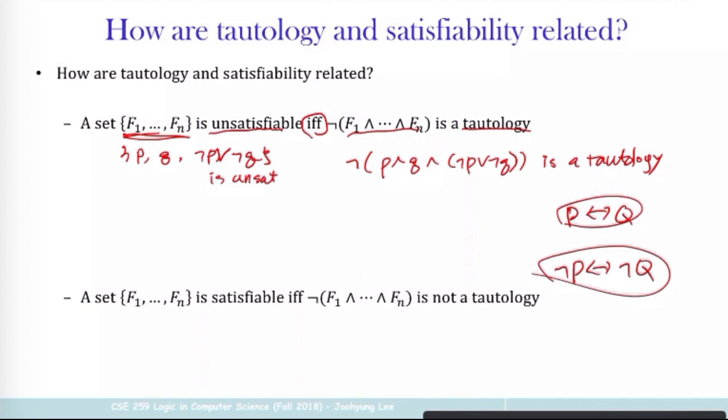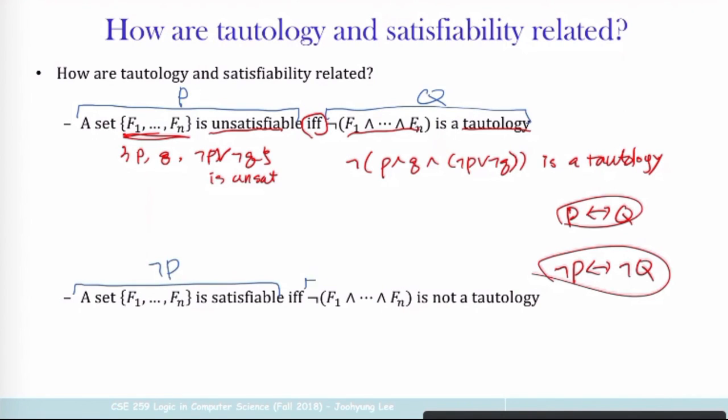If you know that P is equivalent to Q, you can also find out that not P is equivalent to not Q. Okay? So in that sense, this is my P, this is my Q. In the first sentence I wrote P if and only if Q. In the second sentence, I wrote not P, roughly speaking, is equivalent to not Q. So these two statements convey the same meaning.